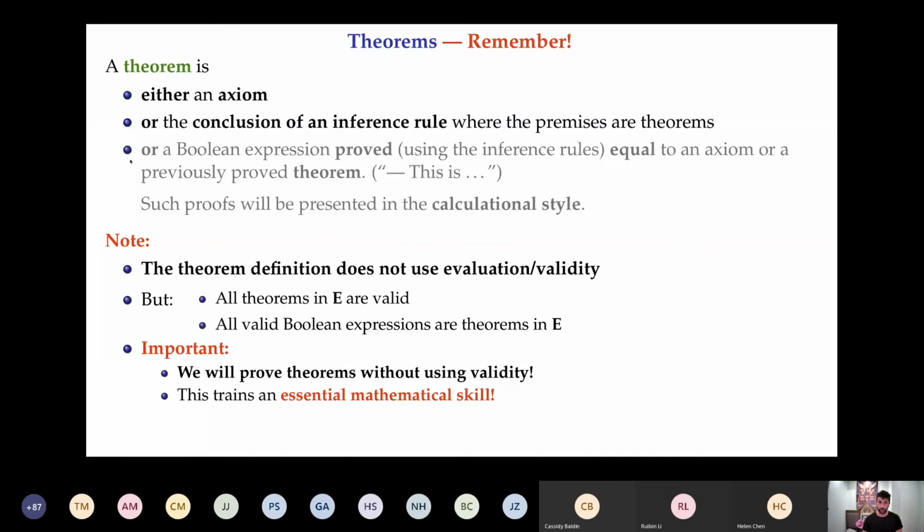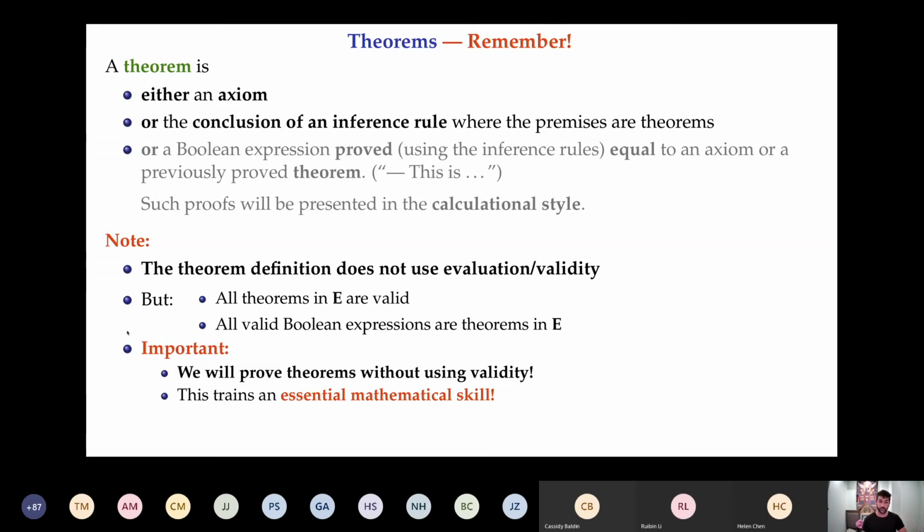As I've mentioned before, a theorem is an axiom or the conclusion of an inference rule, and right here in gray, this is the equivalence rule, which just says if A is a theorem, and you showed that B reduces to A, then B is also a theorem. That's all.